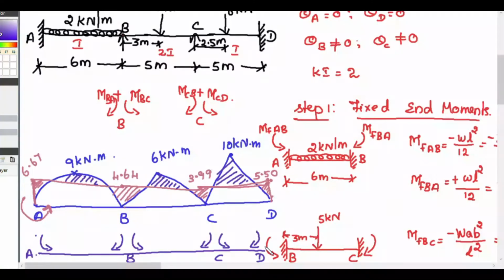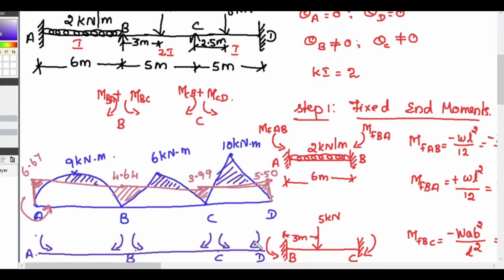So we should be very careful while drawing the bending moment diagram. At A, it is anti-clockwise. At B, BA is clockwise, BC is anti-clockwise. At C, CB is clockwise and CD is anti-clockwise. And at D, DC is anti-clockwise.